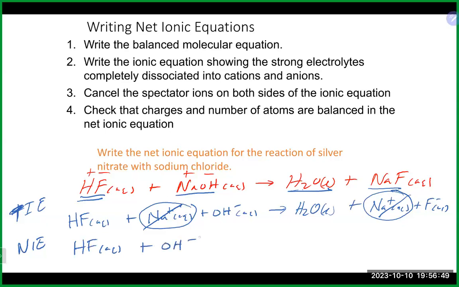We'll have a little bit of hydroxide happening. We'll have our H2O and we will have our F minus. So when you do have a weak electrolyte involved, got a little extra stuff hanging out, less spectator ions will cancel out. Any questions on that there?